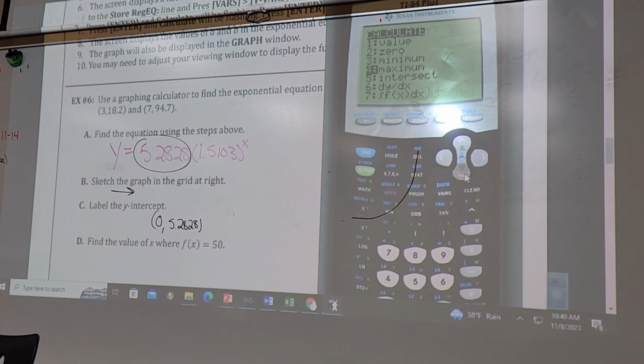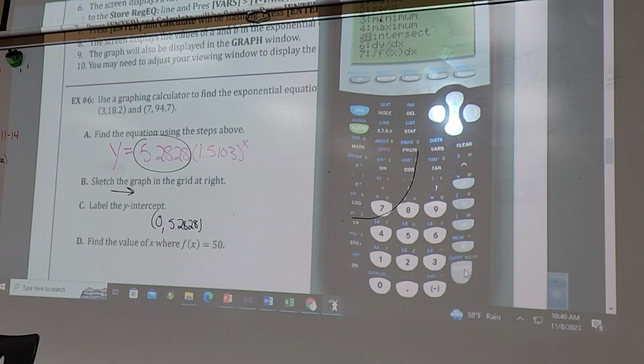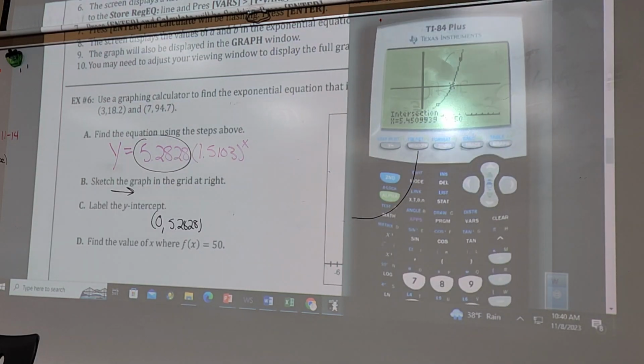Wouldn't it have been nice if you guys knew how to solve all these things on a calculator before you took standardized tests? Don't forget the new test is all calculator too. The SAT this year is all calculator. There's no non-calculator section. So you can solve any quadratic or anything with this.